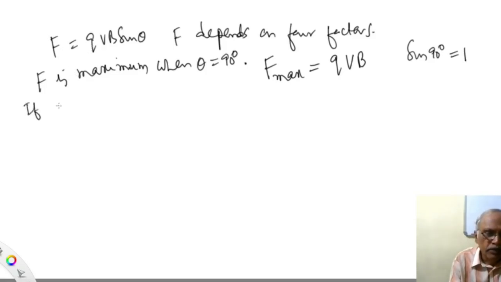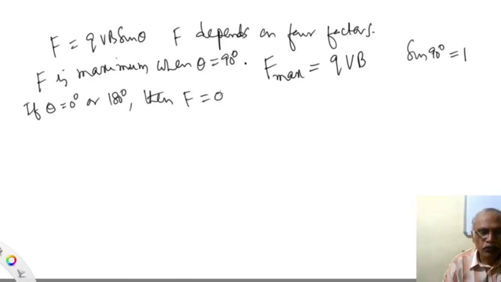And also, one more important point here. If theta is 0 degrees or 180 degrees, then the force becomes 0. A charged particle does not experience any force when it is moving parallel to the magnetic field.